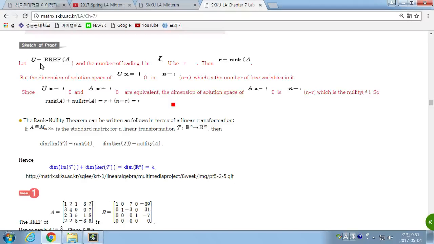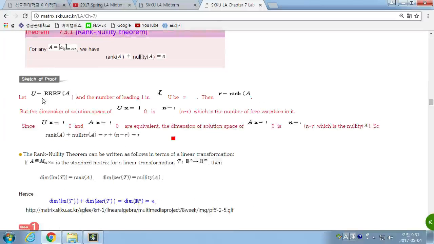Okay, the proof. If you let RREF of A be U, the number of leading ones in U is R. If we let it be R, then R should be the rank of A. The solution space should have n minus R free variables, and the solution space has linearly independent vectors from those n minus R free variables.